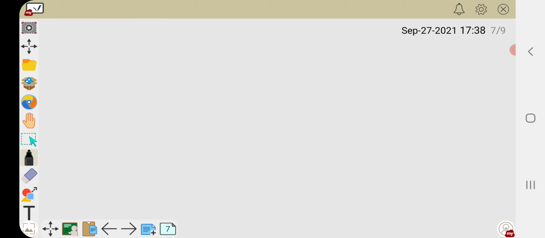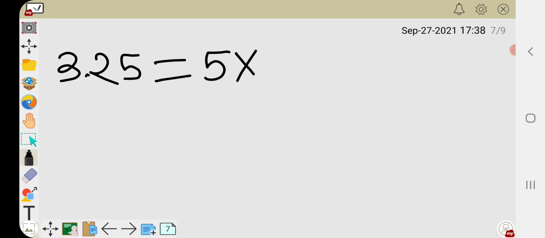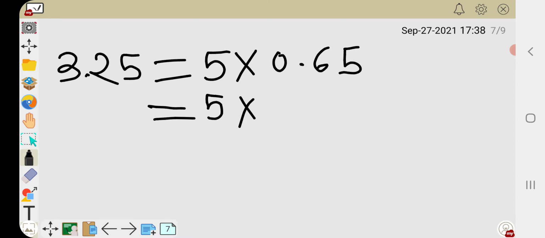Now 3.25 we can write it as 5 into 0.65. Again 0.65 we can write it as 0.5 into 1.3.